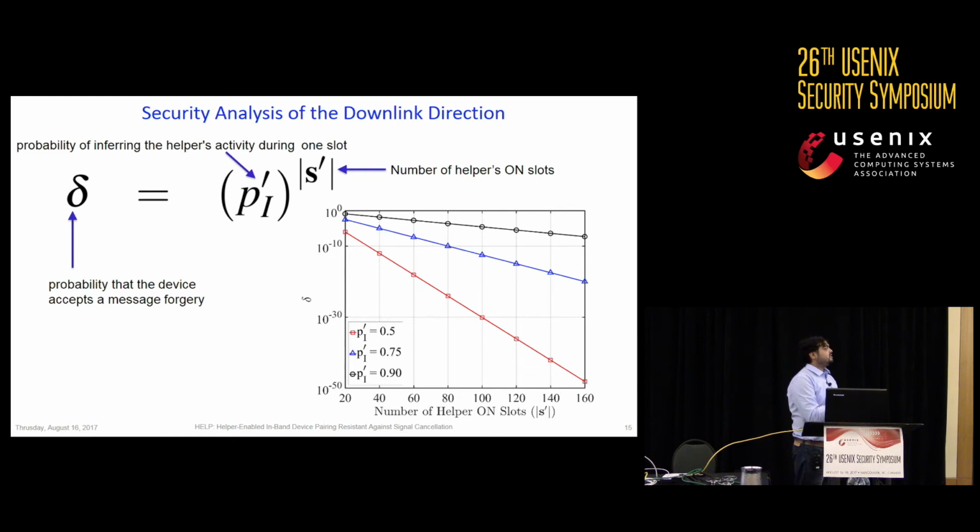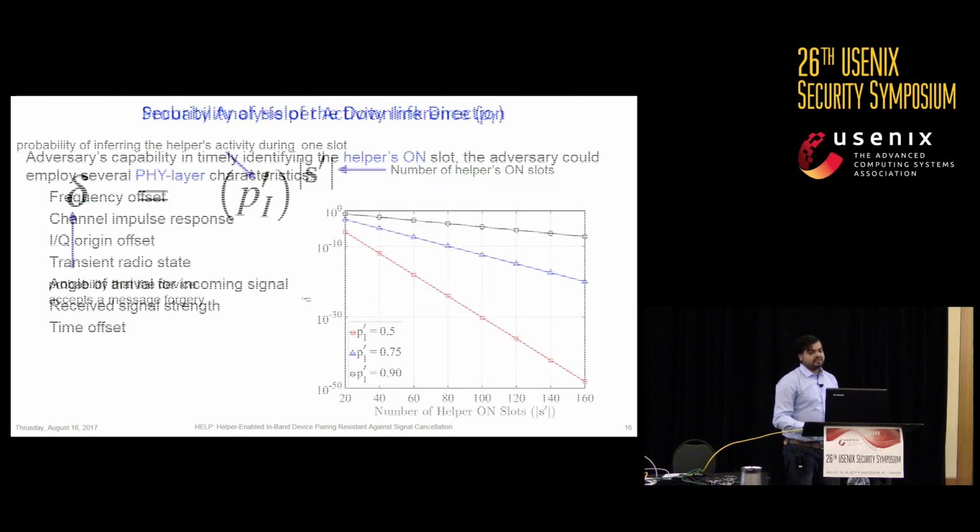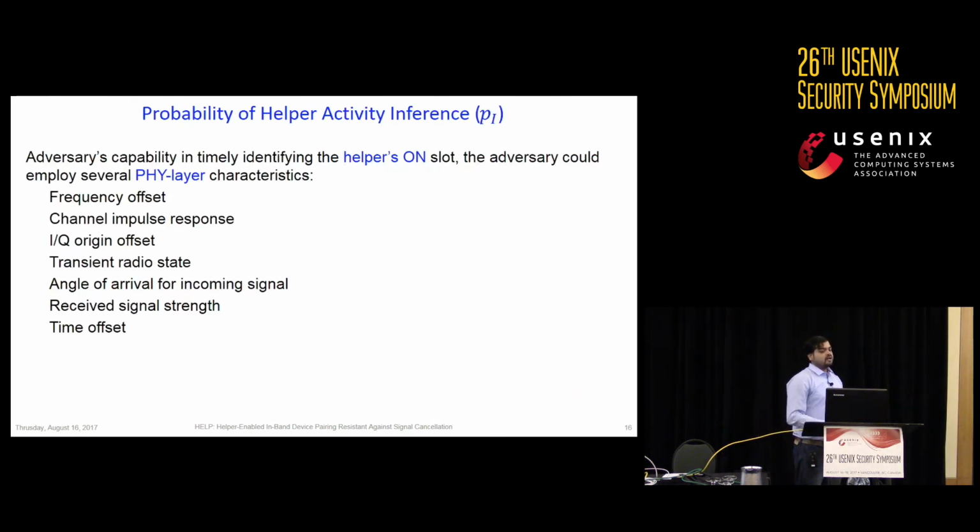But we see that this function is also a negligible function of the number of helpers on slot. So the success of the adversary depends on how well it can infer the probability of helpers' activity during one slot. So next we study the adversary's capability of identifying helpers on slot.